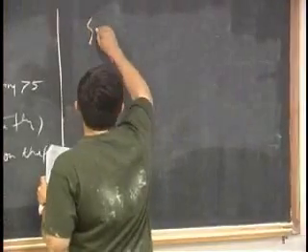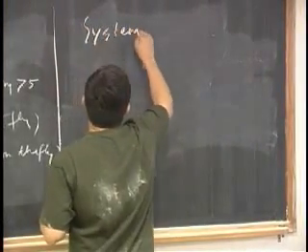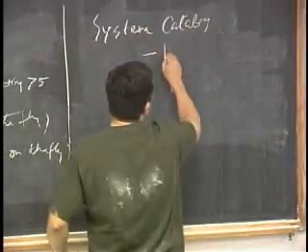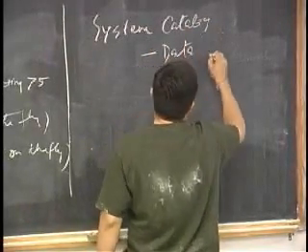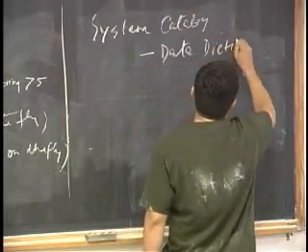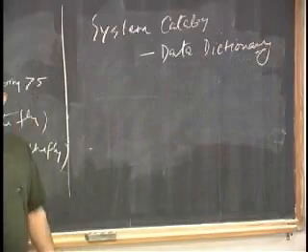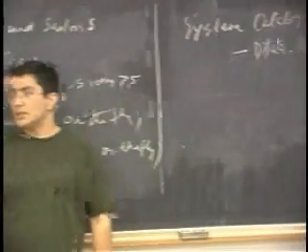Okay. Then the important part is the system catalog. That is what is called the data dictionary in Oracle, and it stores all the metadata about your data.